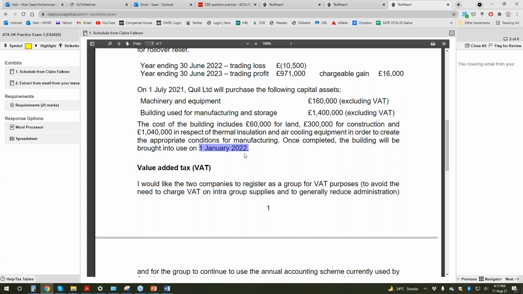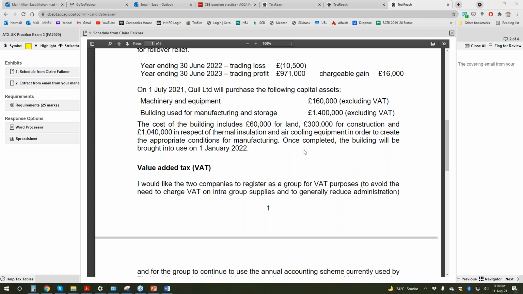So they can only claim 3% times 6 by 12 for the first year. However, from now onwards, they can claim the complete 3% of the cost, that is 300,000. So do remember that. So guys, is there any question, or shall we move on to the solution?